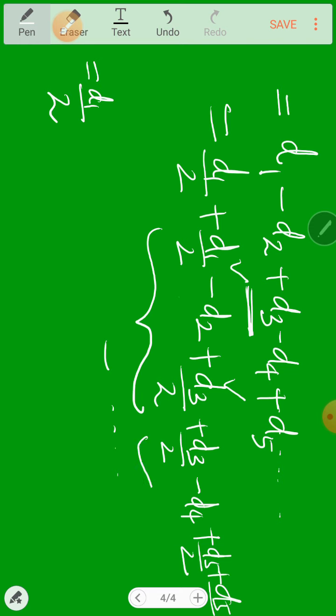And this term, D3 by 2 minus D4 plus D5 by 2: the average of D3 and D5 will be equal to D4, so this term will also be 0. D4 minus D4, 0, plus etc. Like that, every term will be 0.